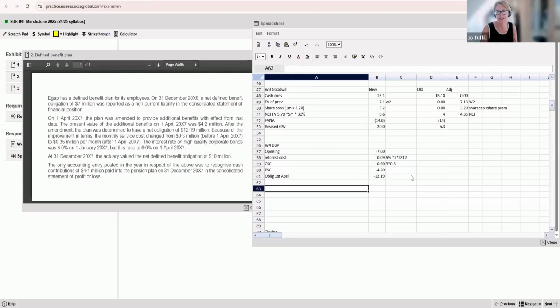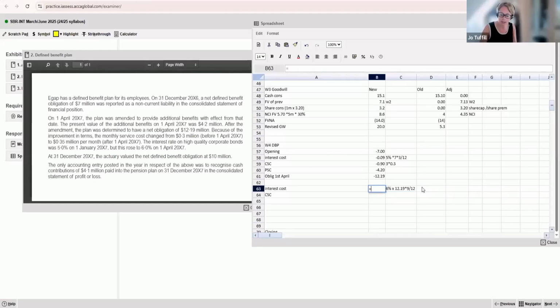So now we have to repeat all this again going forward, not the past service cost, so you can delete that. We need to now repeat the interest cost. And this one is now going to be at 6% on the 12.19 times by, I'm only writing this out so you can see what I'm doing, 9 over 12 for the next year.